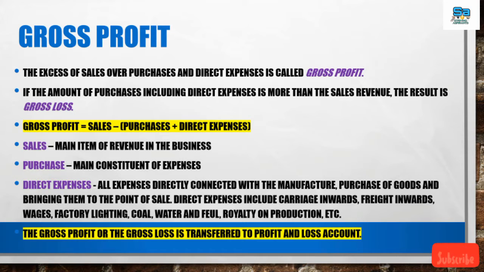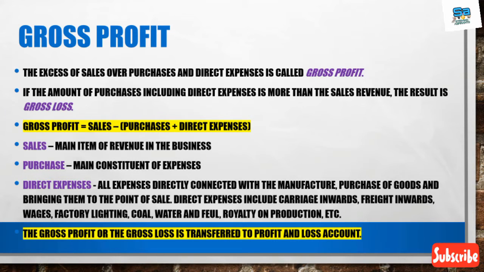The calculation formula of gross profit is sales minus purchases plus direct expense. Direct expense means all the expense which is directly connected with the manufacture, purchase of goods and bringing them to the point of sale.